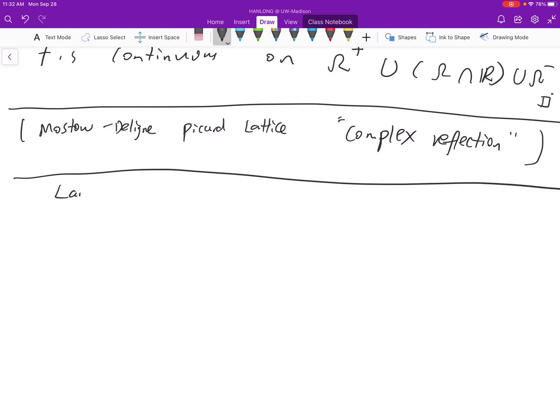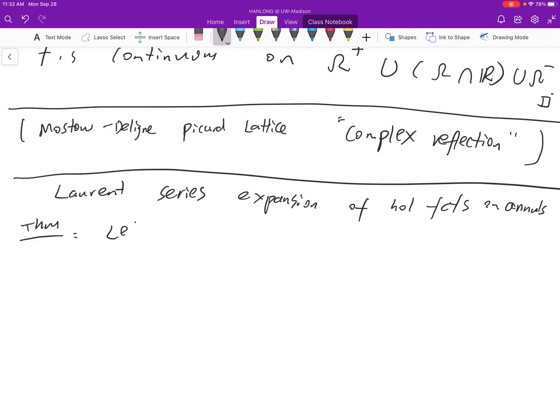Next, we end up with another expansion, the Laurent expansion of holomorphic functions on an annulus.